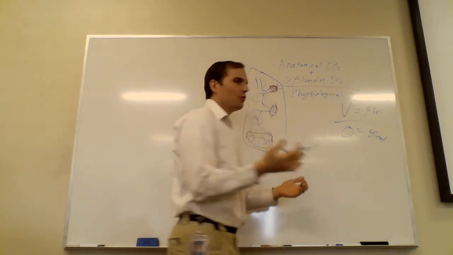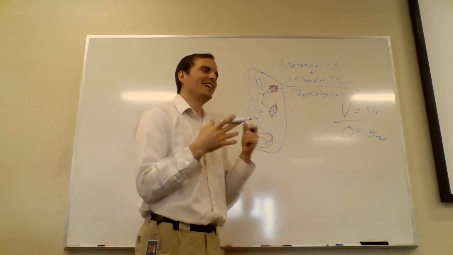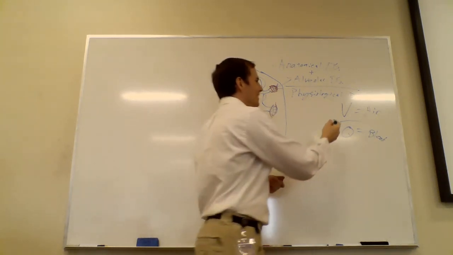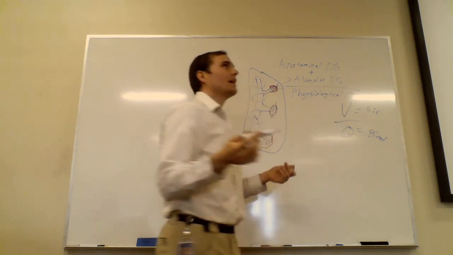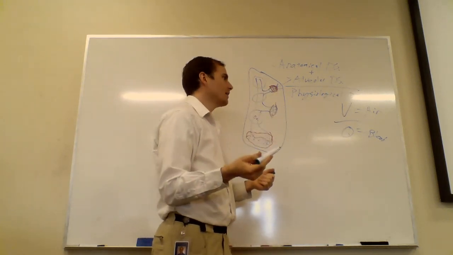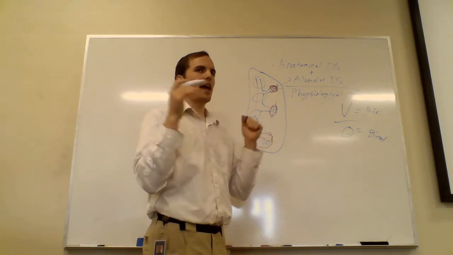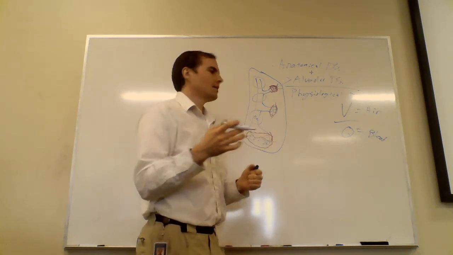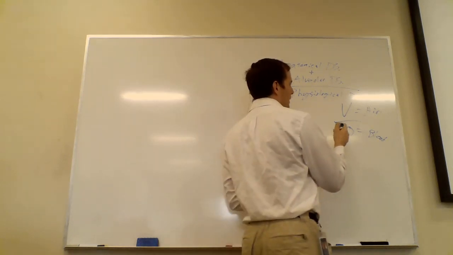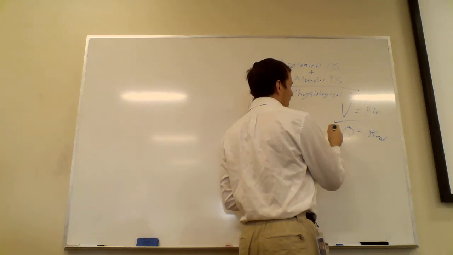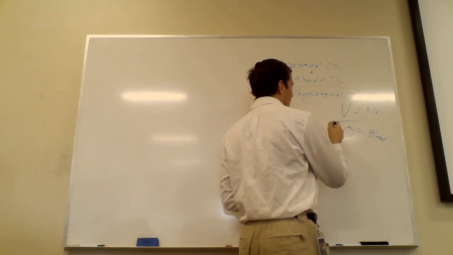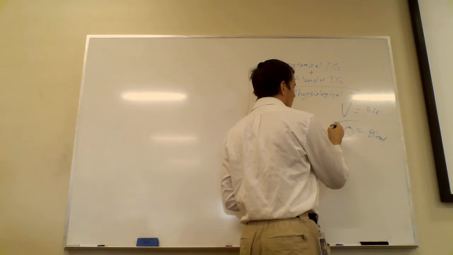So what you do to find out in a given issue, let's say that the test question said, this person is at rest. That means that the upper alveoli are going to have a lower perfusion.